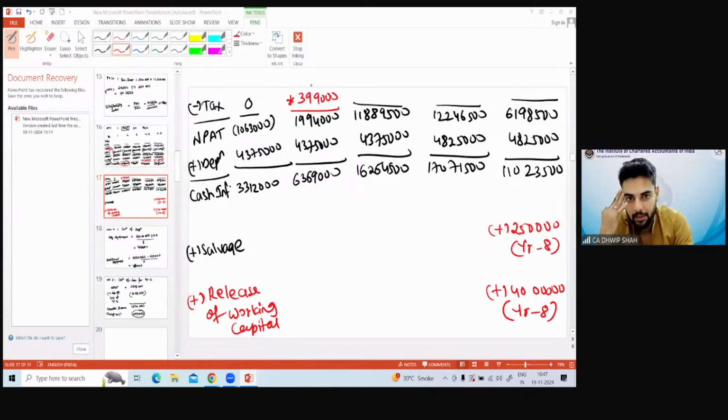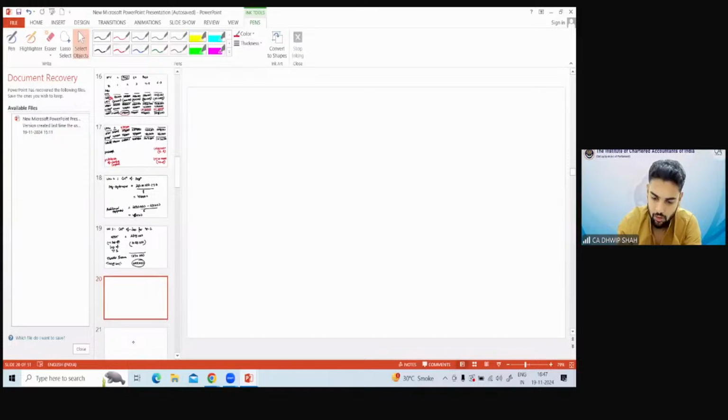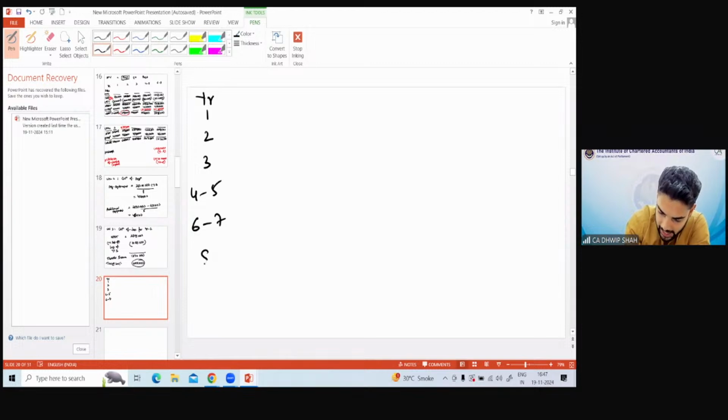Now the next step is just to discount this stream of cash inflows. Are you following? Any queries? So let's do the discounting part. Here 1, 2, 3, 4 to 5, 6 to 7, and 8th year specifically I am taking separately.